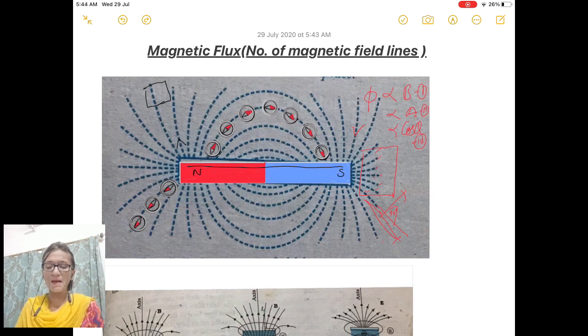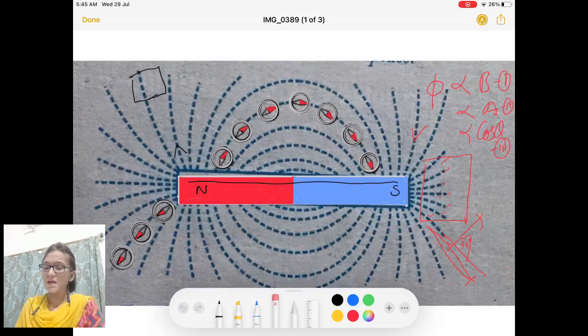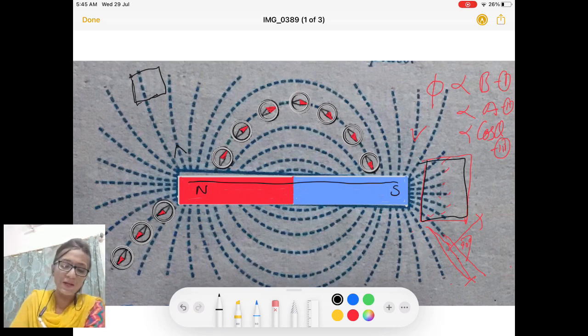So this topic, magnetic flux, can be well understood looking at this diagram. Here you can see, I have taken unit area at two places, at a near place and at a far place.